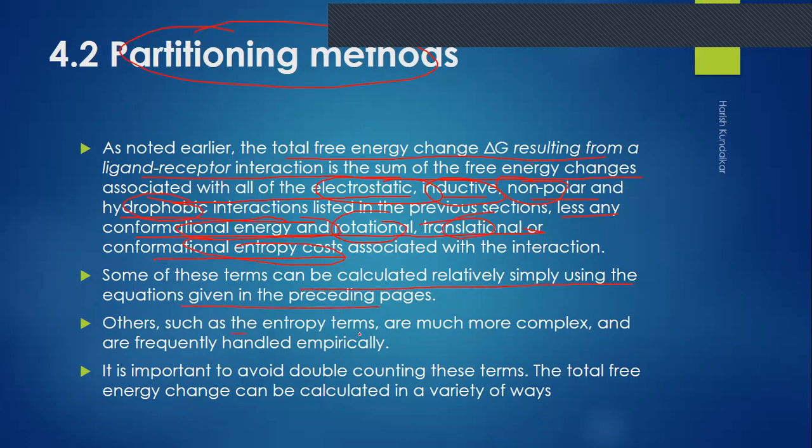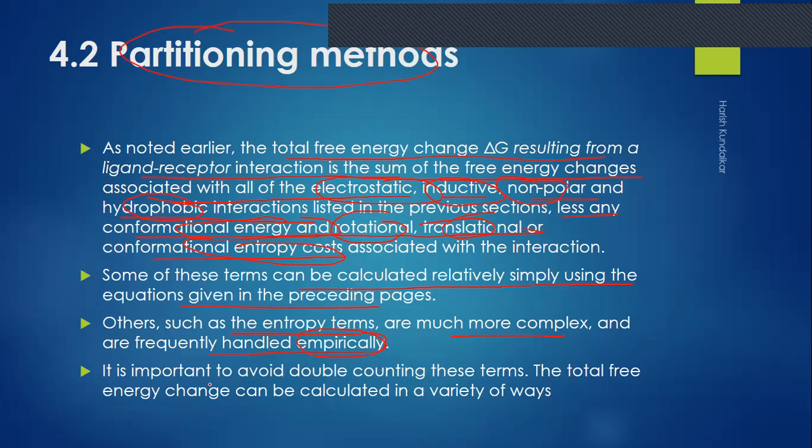Other such entropy terms are more complex and are frequently handled empirically, using tables wherein the partitioning values for the different functional groups are mentioned. So depending on what functional group is present in our ligand, we can calculate what kind of interaction the ligand will have with its receptor.